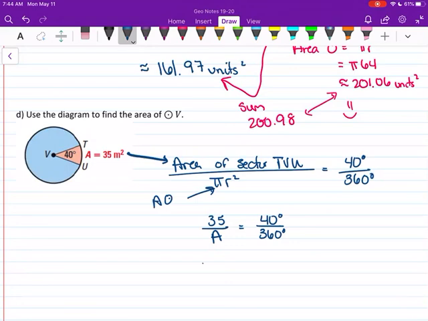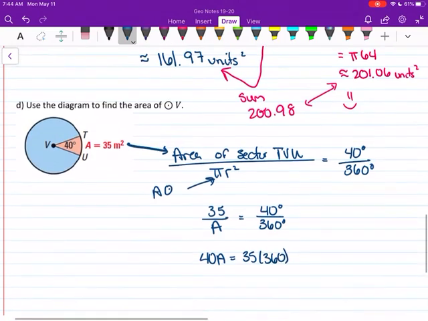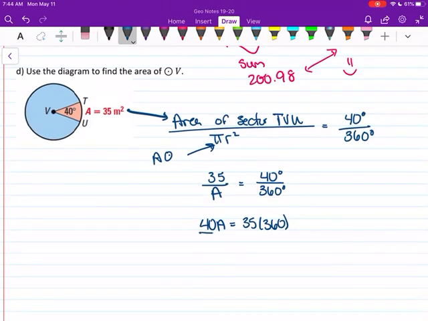And I'm going to cross multiply. So I get 40A equals 35 times 360. And then I'm going to divide by 40. And so I get that the area is going to equal 315 once I plug that into my calculator. And my units here are meters squared.